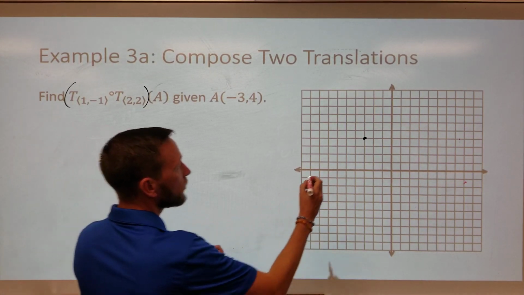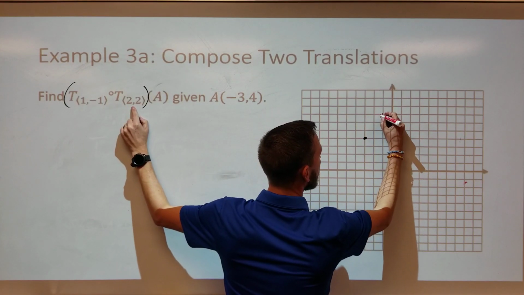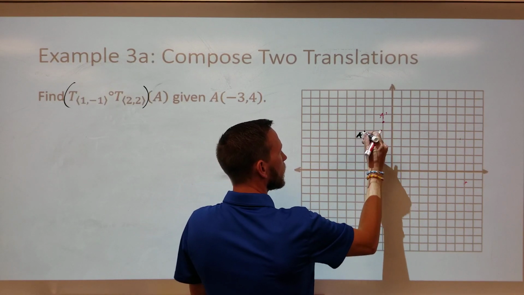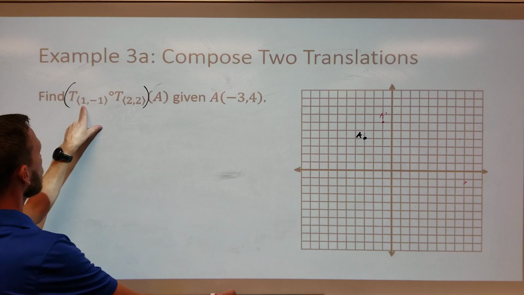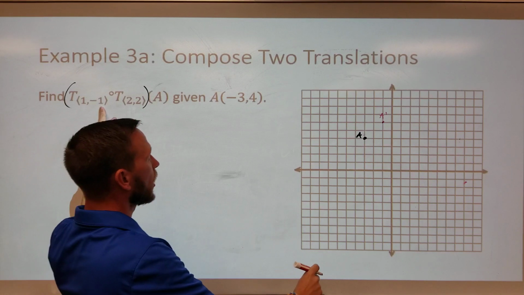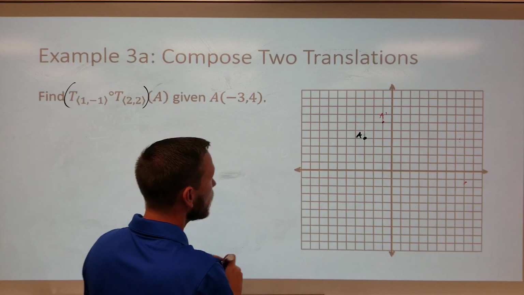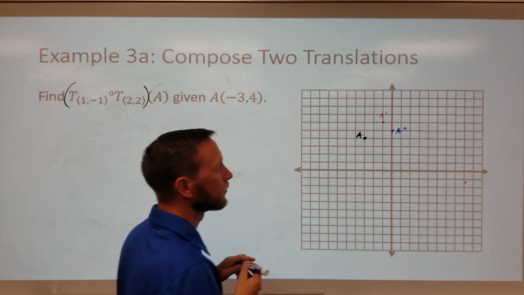The first one in red means I'm going to go over 2, up 2 to get A prime. This is A and that's A prime. And then we're going to translate that again, to the right 1, down 1. And I'm going to do that in blue. To the right 1 and down 1 is going to be A double prime.